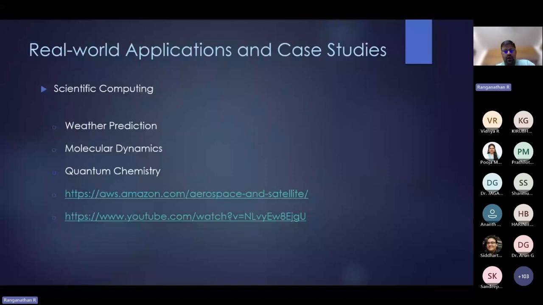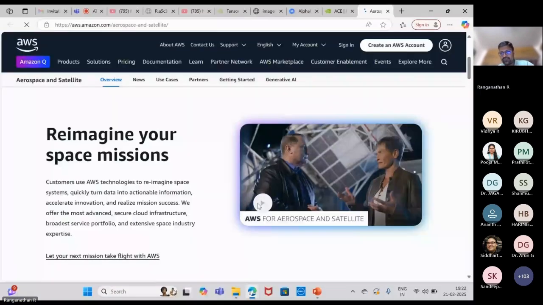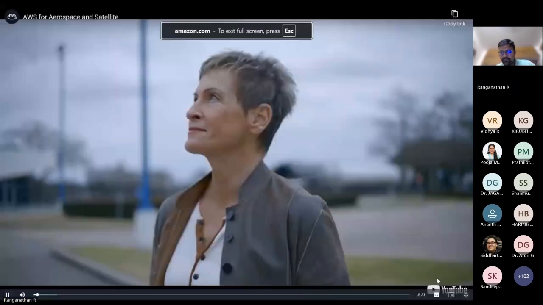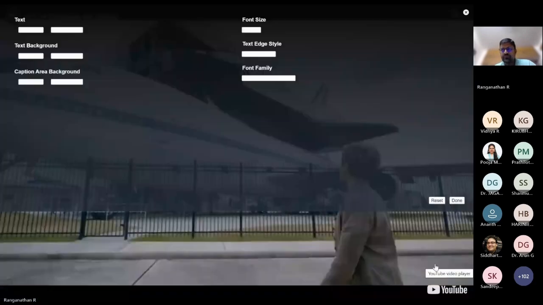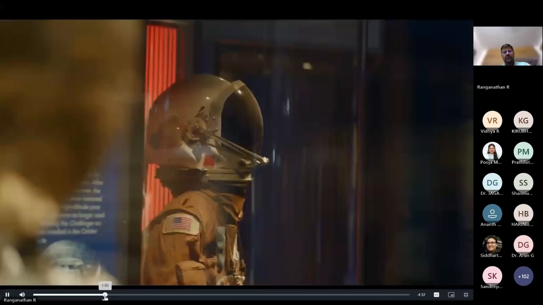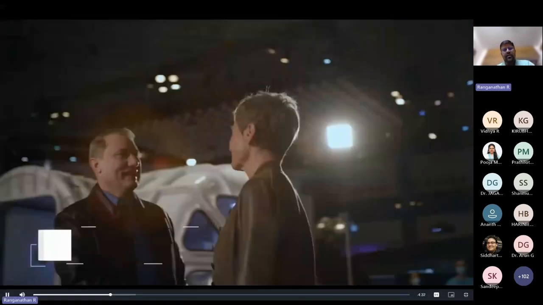So this is one example from AWS, Amazon, where they're doing a lot of work for the US missions. So this is specifically this AWS model, and that is being used in NASA Houston. That's the example we'll be looking at.